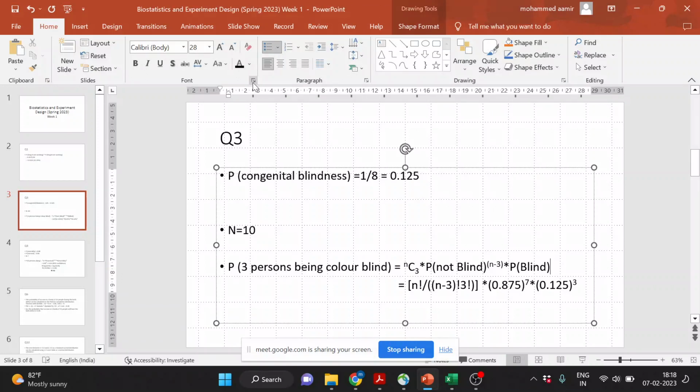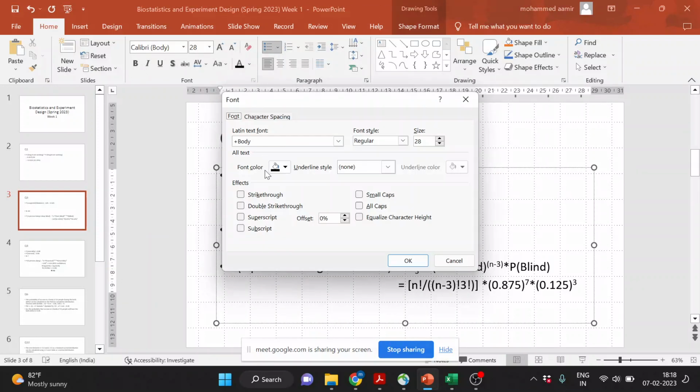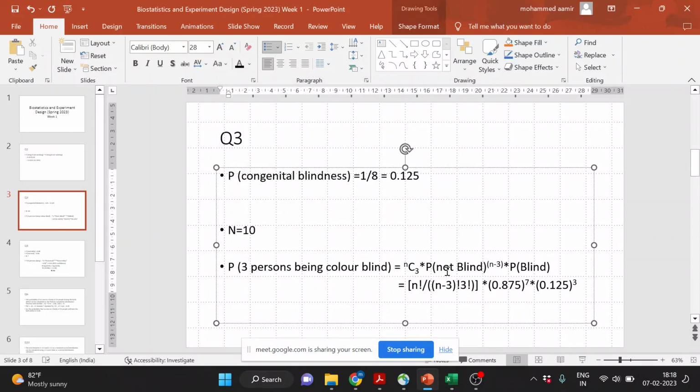Why raised to the power 3? Because you want to ascertain the probability that 3 people are actually blind.